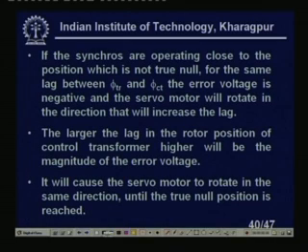If I take a blank page and if I take a blue pen, it will look like this. It will be the error signal.